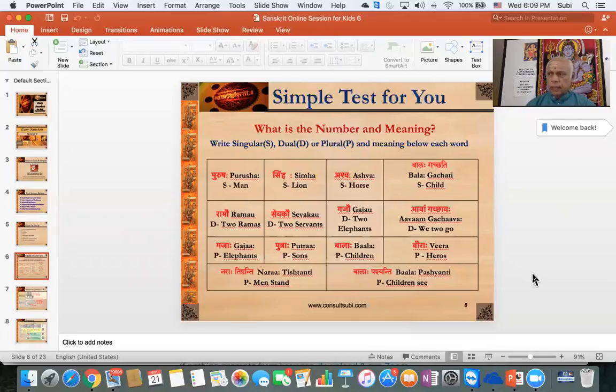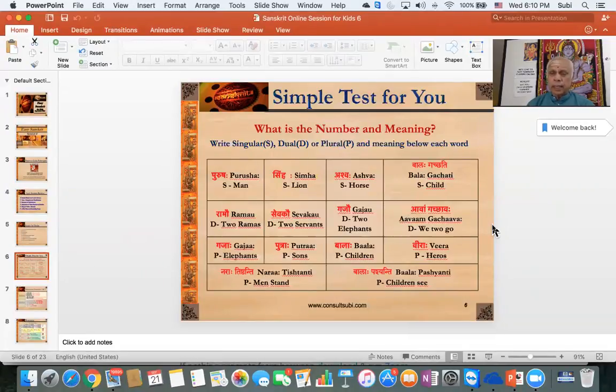The second one, you have this column, it's all dual. Ramau, two Ramas. Sevakau, two servants. Gajau, two elephants. Avam Gachavaha, we two go. Third row is all plural. Gajaha, elephants.